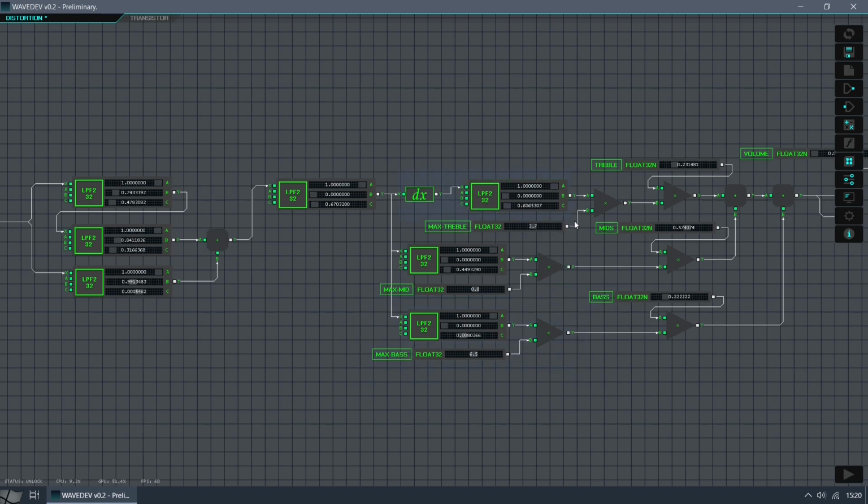High-pass filter above. And these 2 are simple low-pass too. They only differ in frequency. We select a limit for each band. Then we regulate the mixing level with these variables.